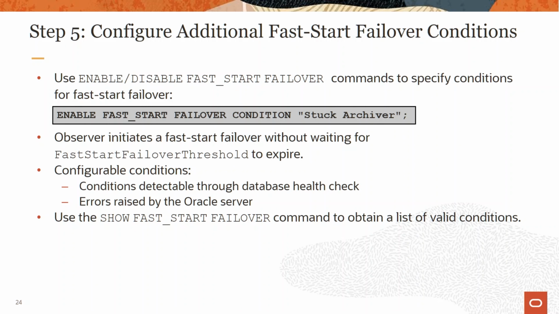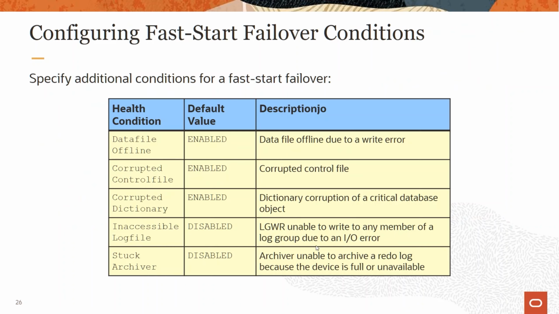And you can use the show fast start failover command to list all the conditions. Here are the additional conditions: if a data file goes offline, a control file is corrupted, the data dictionary is corrupted, an inaccessible log file, and stuck archiver. So you have a default value, and also optional ones.